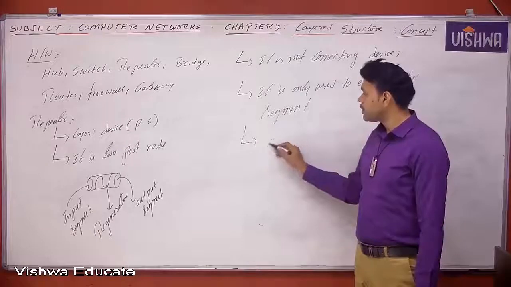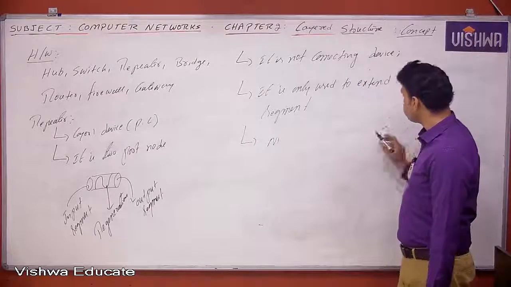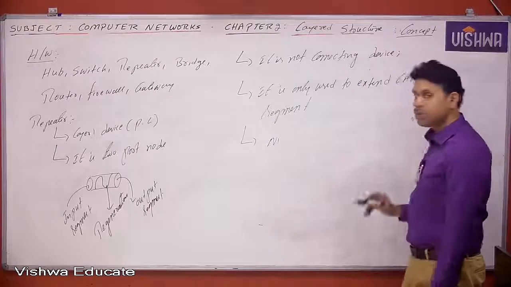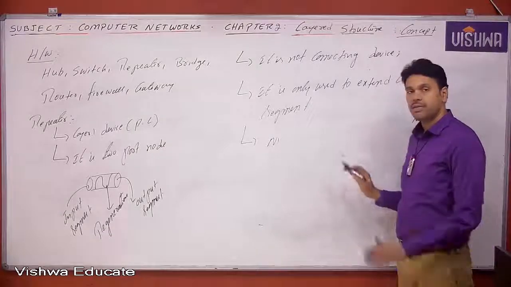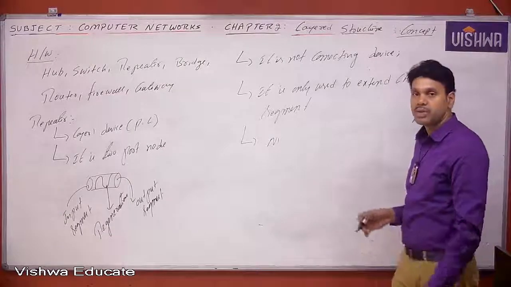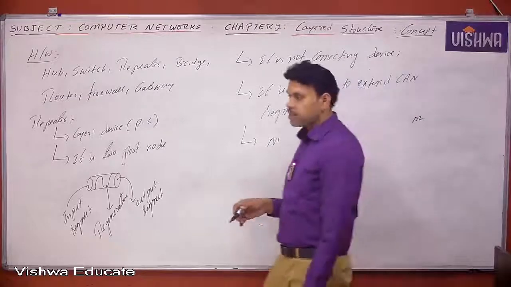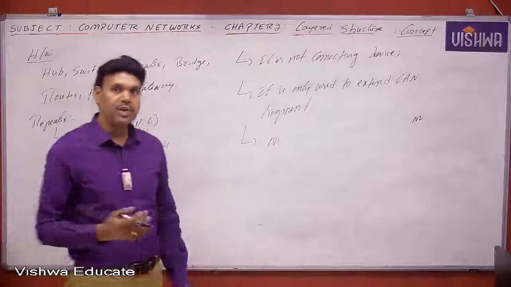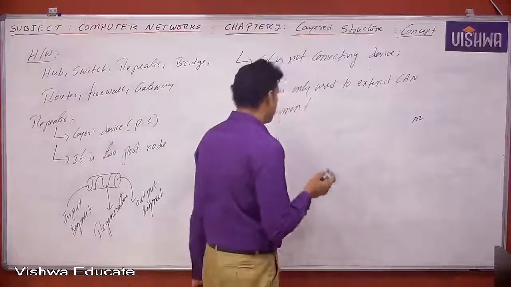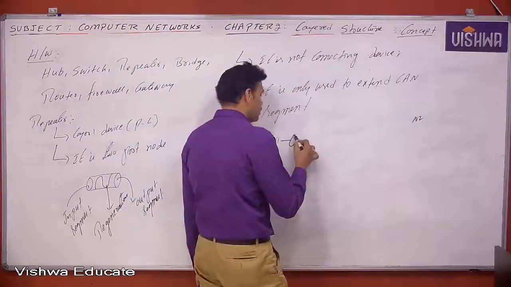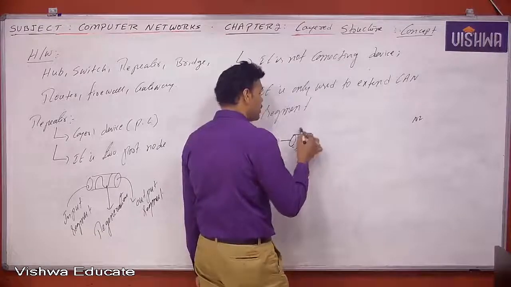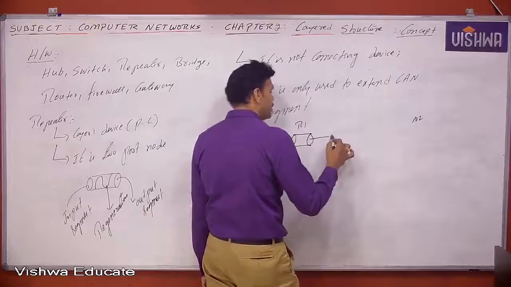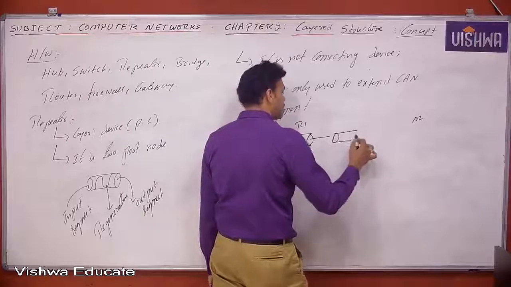How? For example, node 1 and node 2. Both nodes are far away. So how will you establish the connection? Maximum twisted pair distance is 500 meters. So we want to extend from 500 meters to 1 kilometer. How is it possible? We will take care of it with repeaters. This repeater will take care of another repeater.